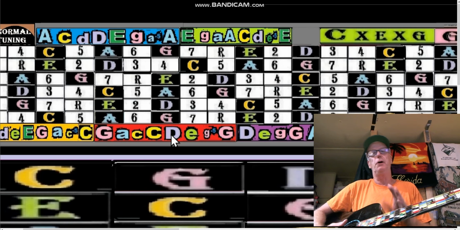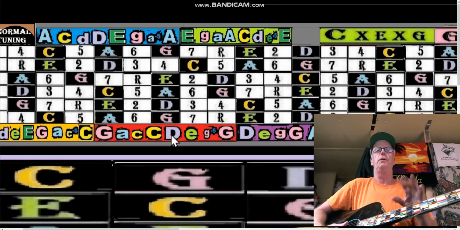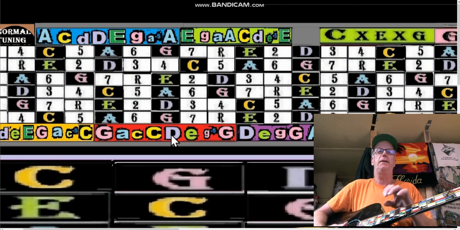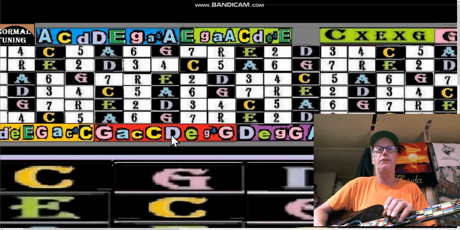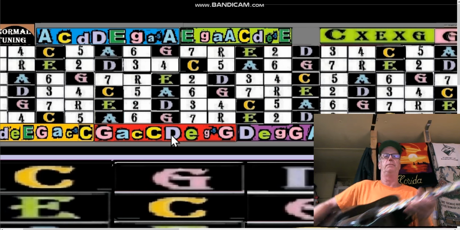So that's how we know we're in the key of C when you play the diatonic. The pentatonics and the triads have three possibilities. They could be root, they could be the fourth, or they could be the fifth.